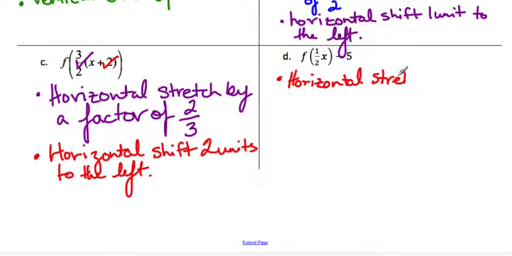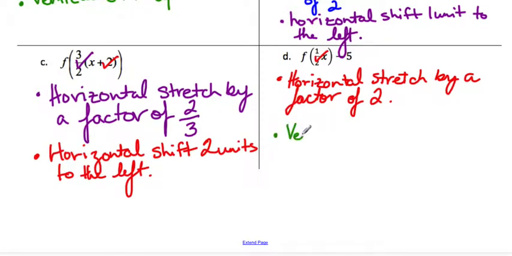Horizontal stretch by a factor of 1 over 1/2, which is 2. So we got that one. Now we're going to do this minus 5. Since it's outside the function, it's going to be vertical. So this is a vertical shift, 5 units down.